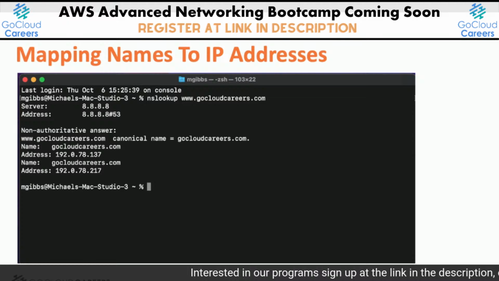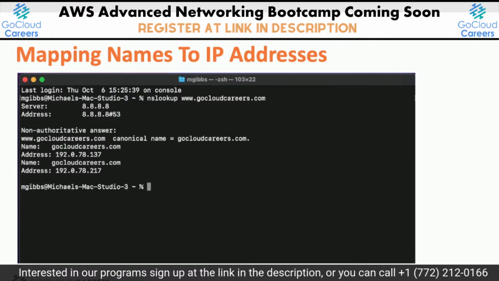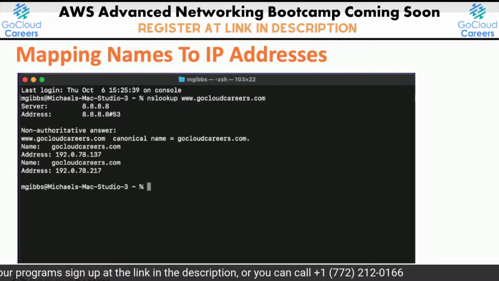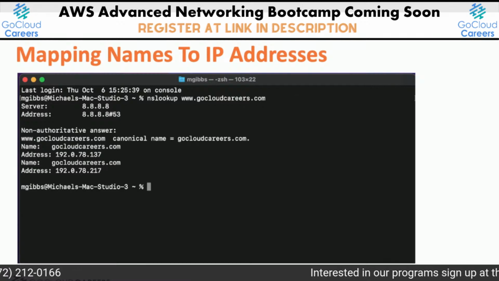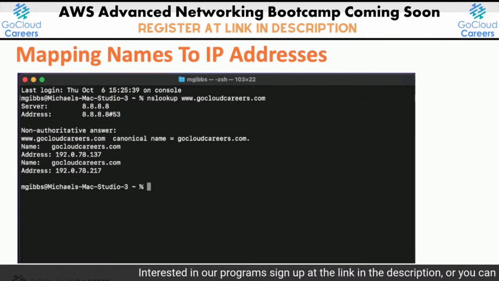Now that IP address may be different than it was when I ran this, but here's what you're going to do. You're going to do an NS lookup, and you're going to be able to find the IP address to any website. After we do mine, do an NS lookup to www.cisco.com. Big website. And that's what DNS is doing.